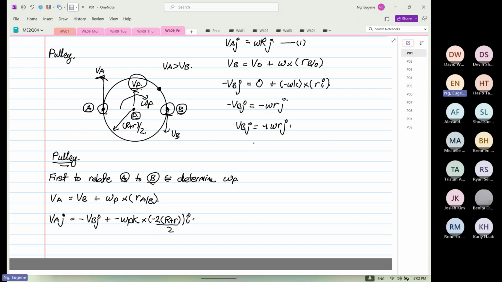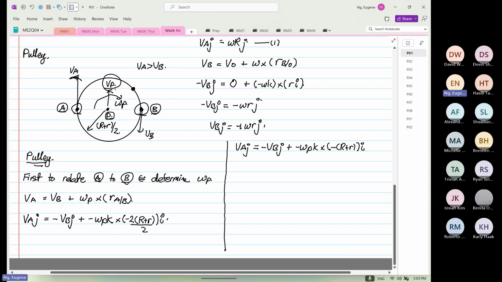So from here, we can write out VAJ is equal to minus VBJ plus omega PK cross, so you can have this as minus R plus R, and this is our I. So when you get to this, minus VBJ plus omega P, right?